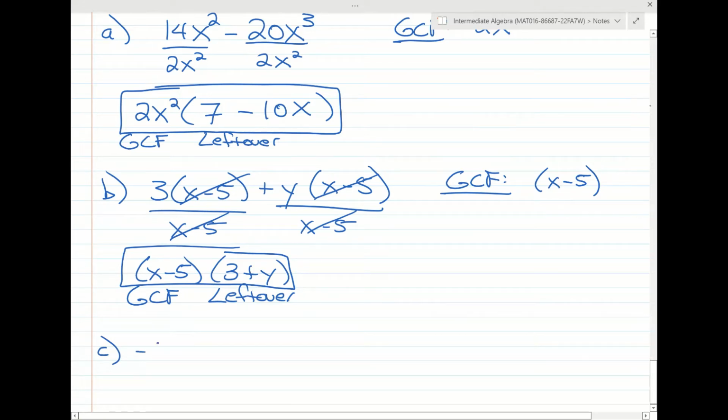Another one: negative 4x to the fifth y to the third, plus 20x y squared. We've got to see if we can figure out what the GCF for this would be.